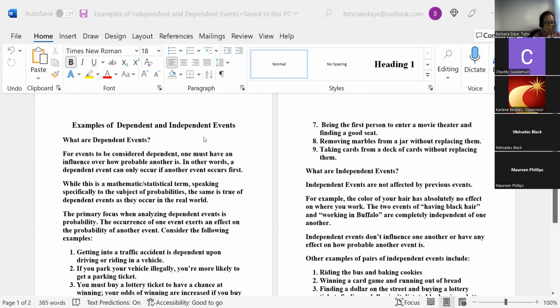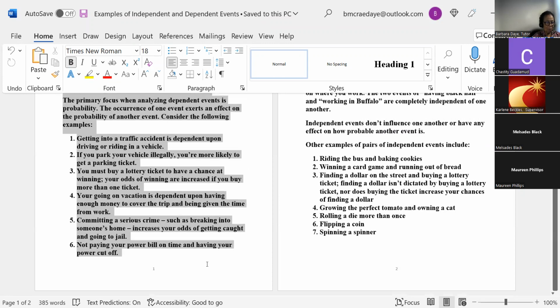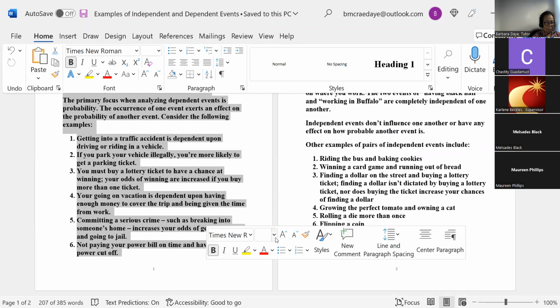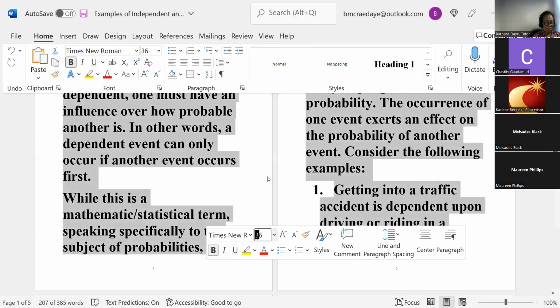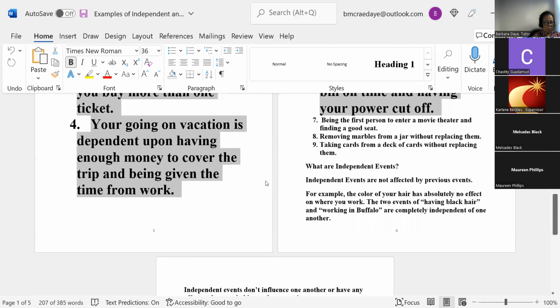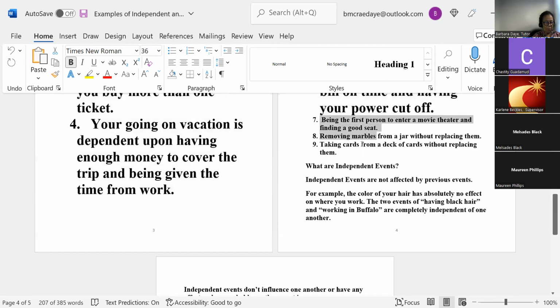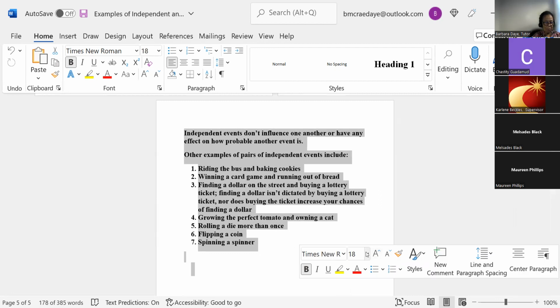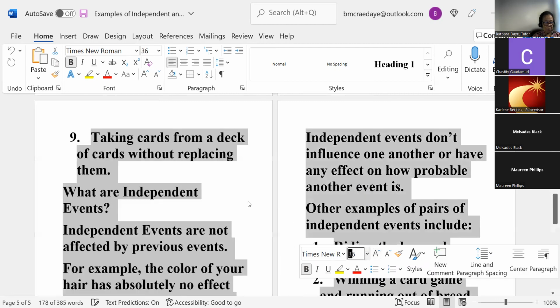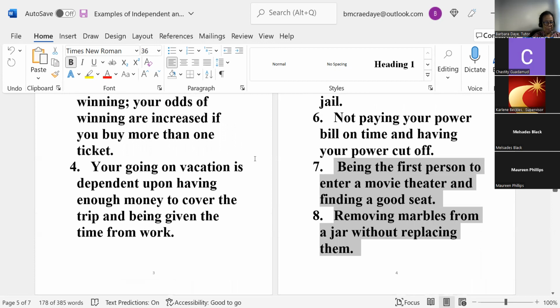Can you see examples of dependent and independent? Okay, so let's just make it bigger. I put some examples here for you. Let's make that bigger. Go down here and make all of these bigger. Okay, let's go back up here.